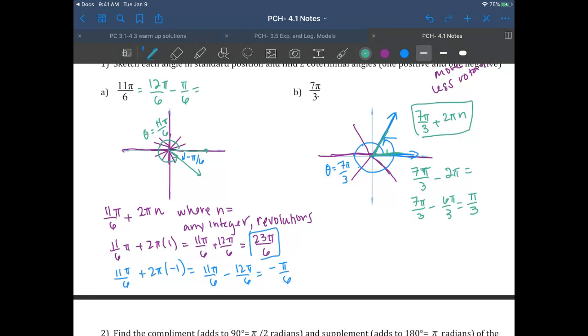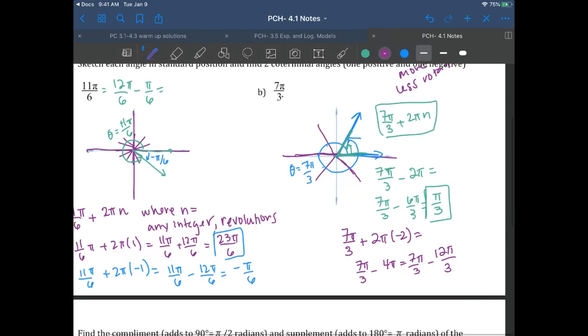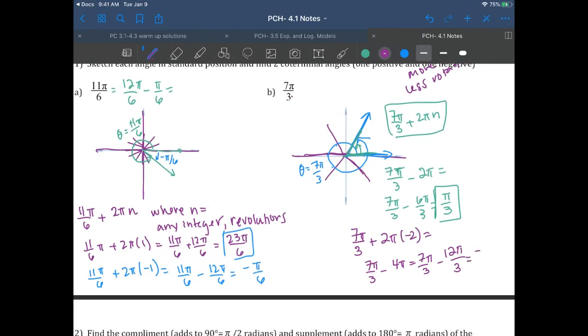So just counting one wedge here. All right, we're going to take 7 pi over 3 minus 2 pi, or plus 2 pi times negative 2 rotations now, would be 7 pi over 3 minus 4 pi, which is 7 pi over 3 minus 12 pi over 3, which is negative 5 pi over 3.